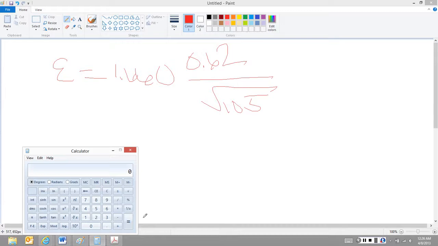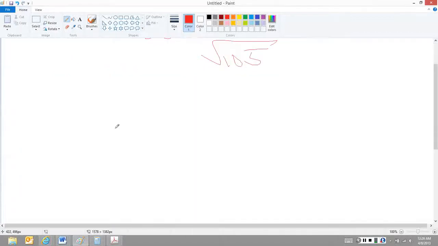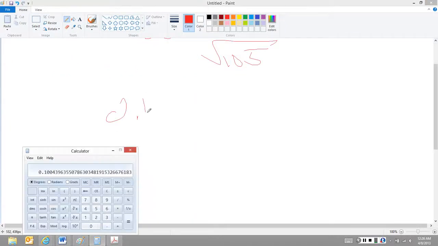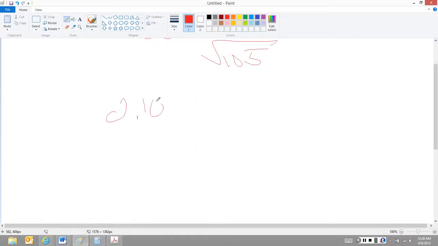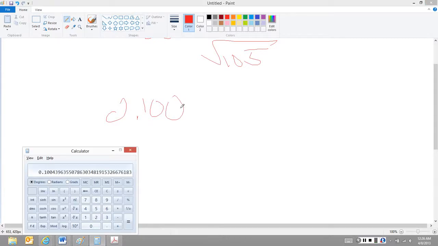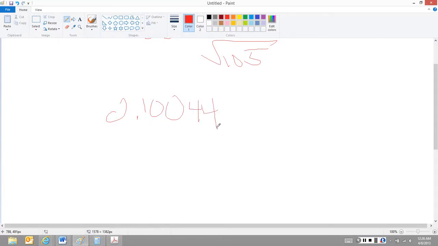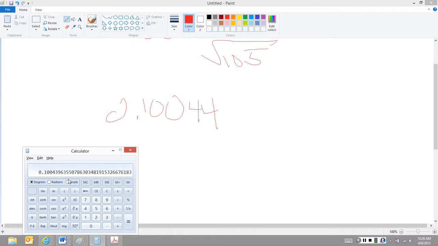So I'm going to do 0.062 divided by the square root of 105, times 1.660. Remember, the t-score could be positive or negative, but you always use the positive. So our E is 0.10044. I probably don't need that many digits, but I like to always give myself a couple extra as I start working.